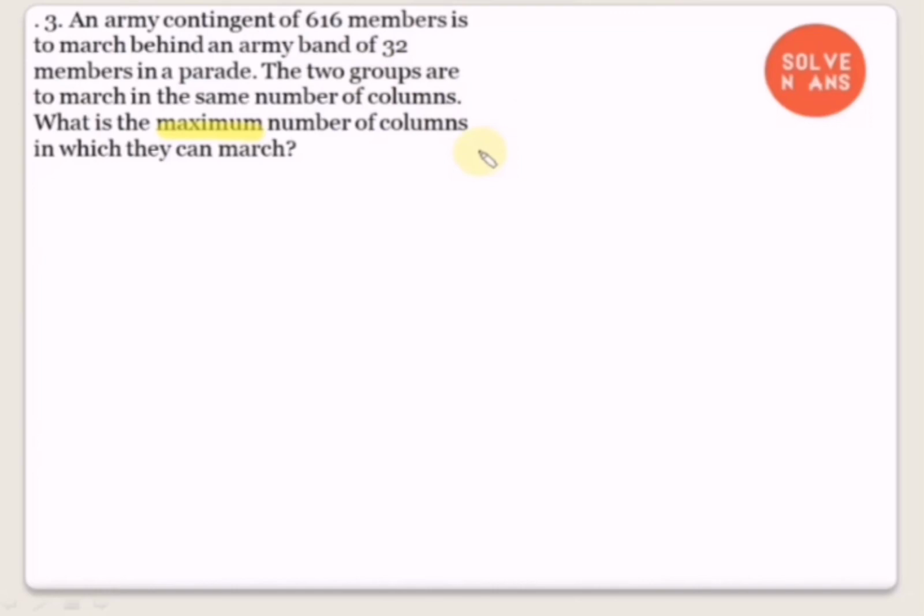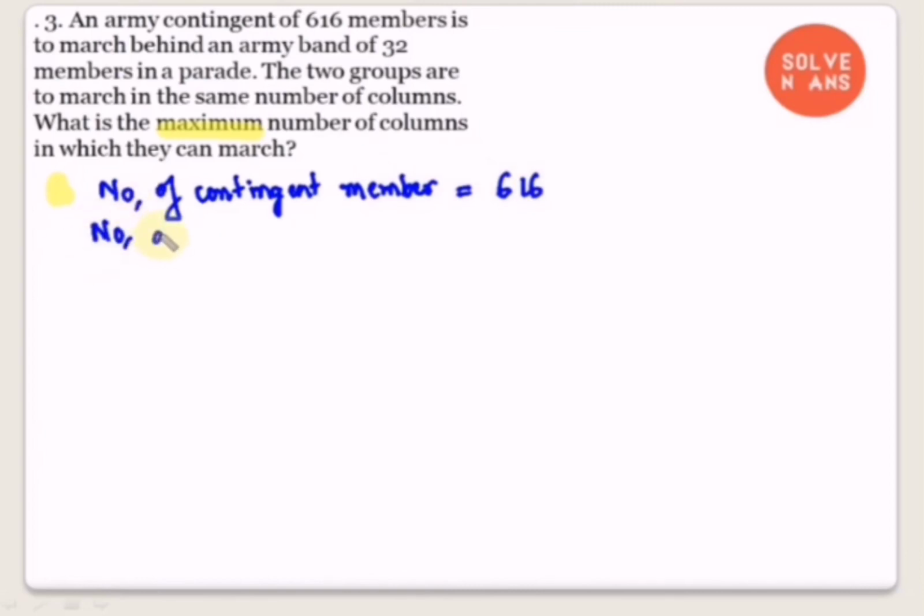Here you will start by writing: the number of contingent members is 616, and the number of army band members is 32.